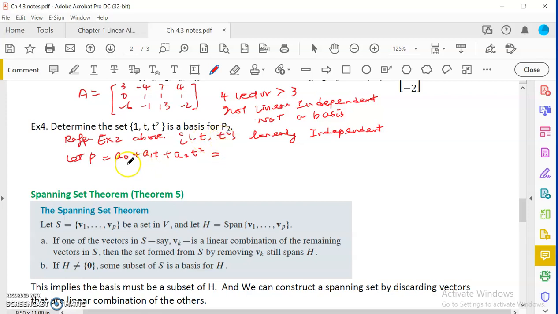Yes, because this is the way you write any polynomial of second degree. So by inspection, it is. There is no other way to write it, and it can be any polynomial of degree 2.